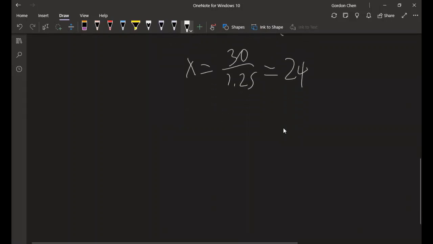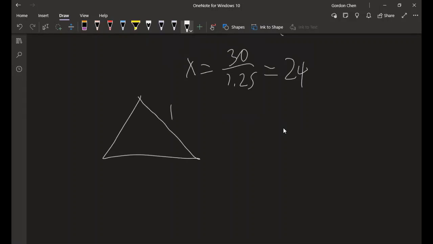So the triangle has sides 20, 30, and 24.